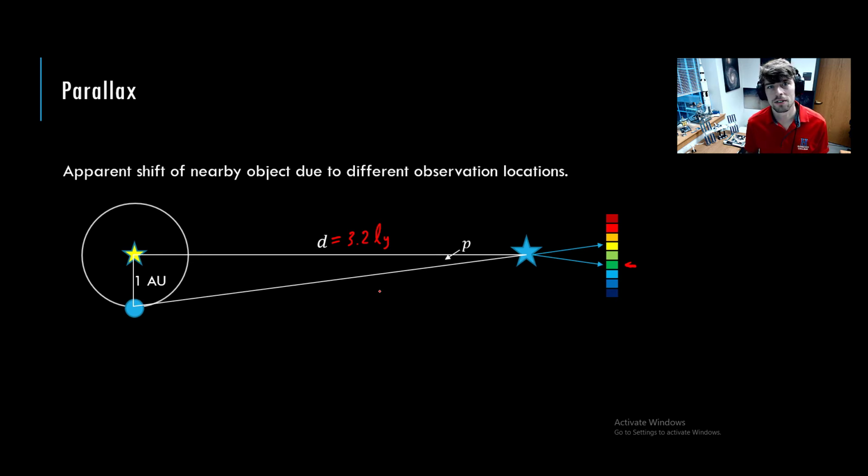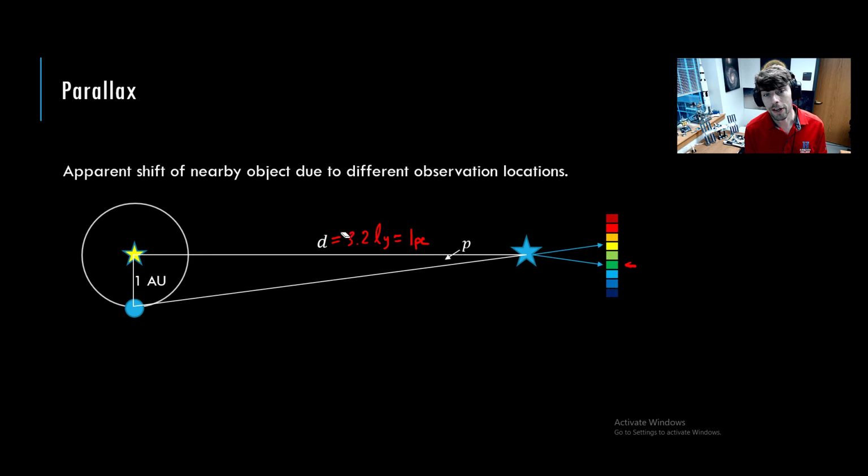Just take a guess. Yeah, 3.2 light years, or I guess I could tell you this is 1 parsec. Yeah, that parallax angle is going to be 1 arc second.